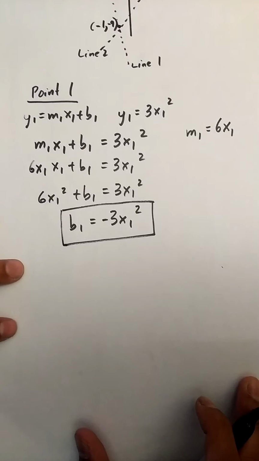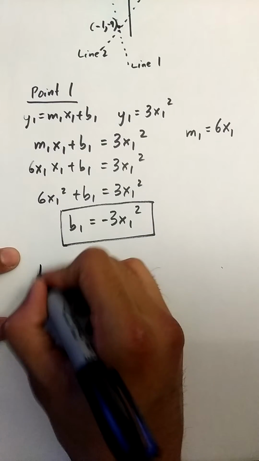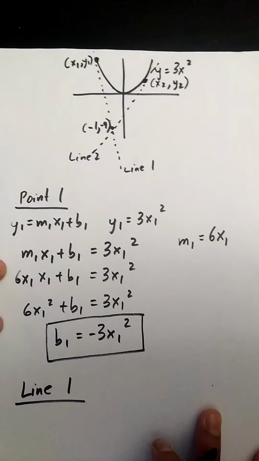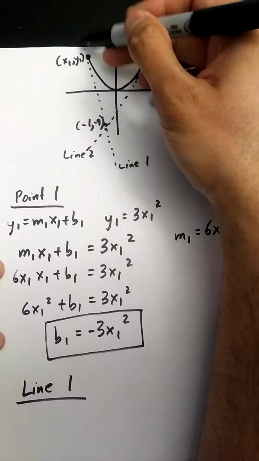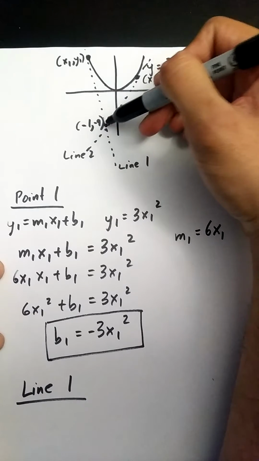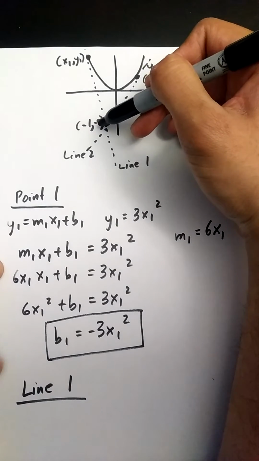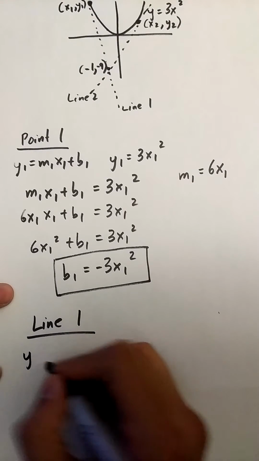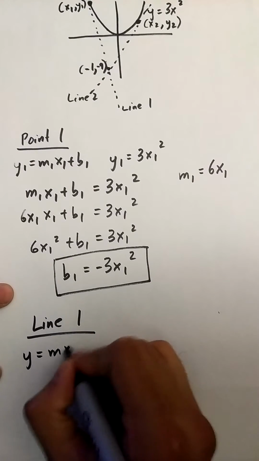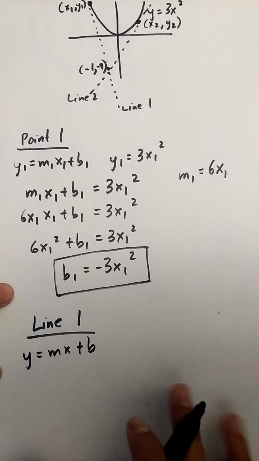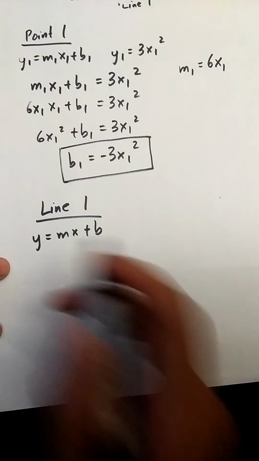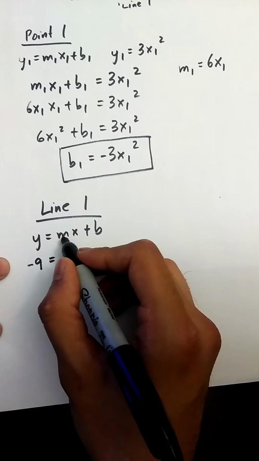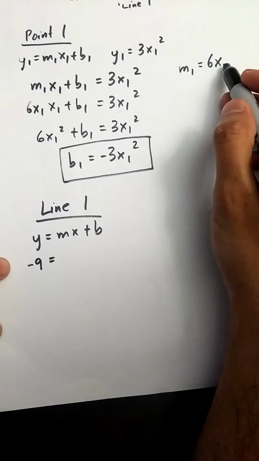Okay, once I'm done that, I'm going to basically work on my line 1. If I look back at my diagram, this line number 1 passes through the point -1, -9. So if I did the equation y equals mx plus b for my line number 1, I know that the y value is -9. I know that my m, I found it to be 6x1.